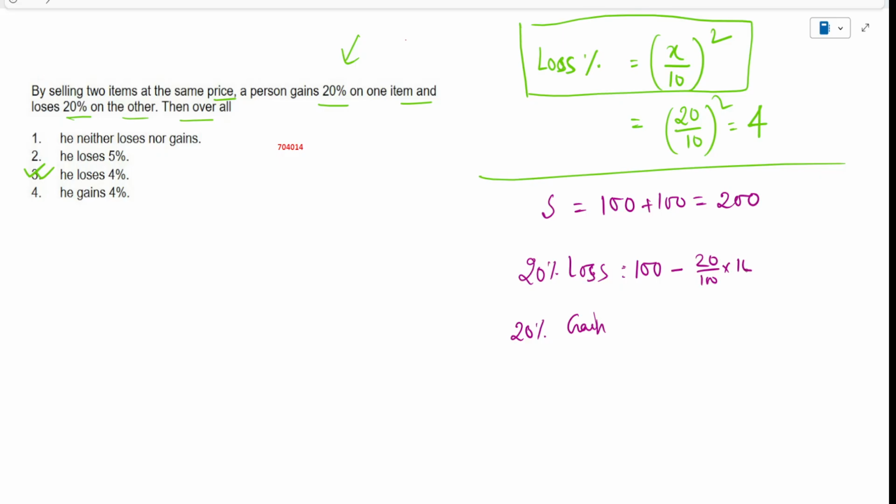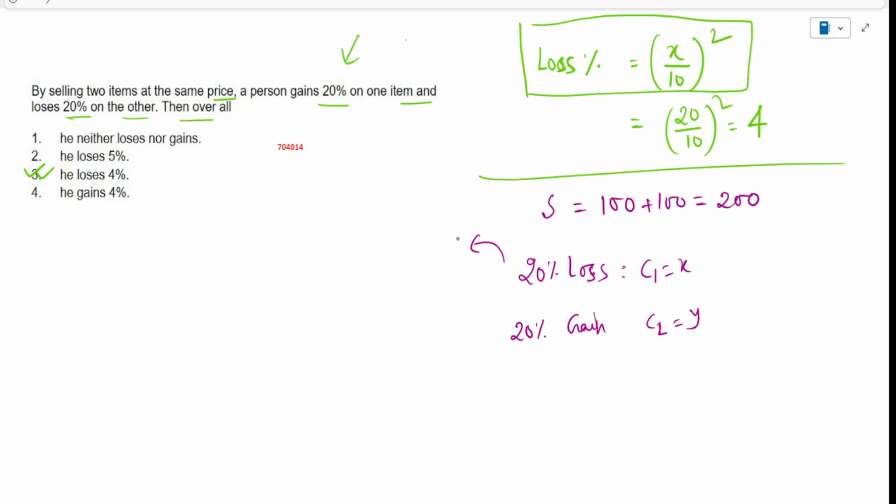Sorry, did I make any mistake? Let's say that in the 20% loss case the cost price is x, and in the other case the cost price is y.